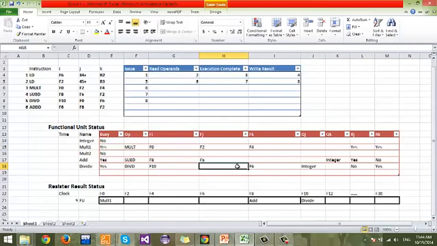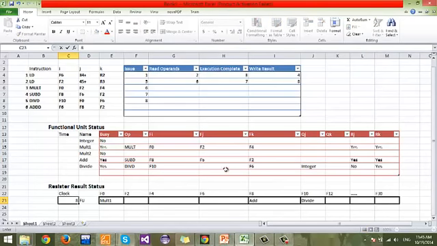And what about sub D? F2 is available. We should do this at the end of clock cycle 8.